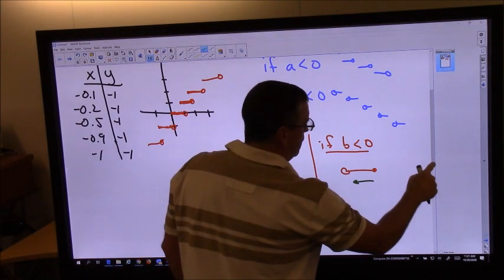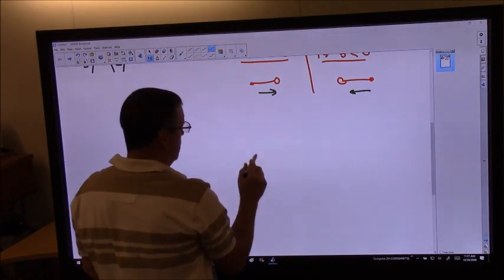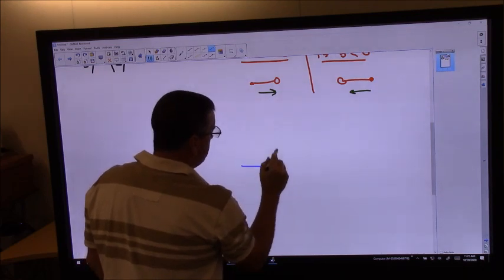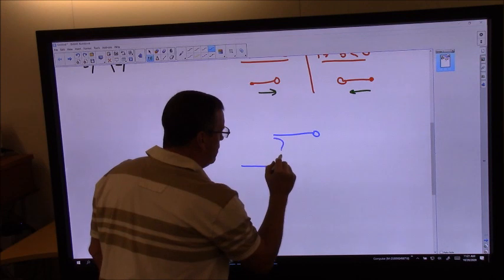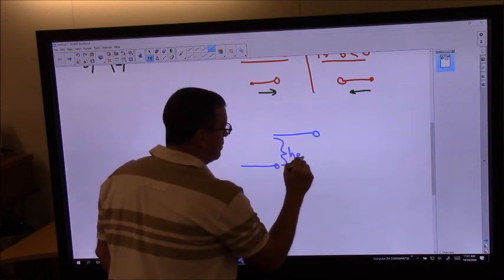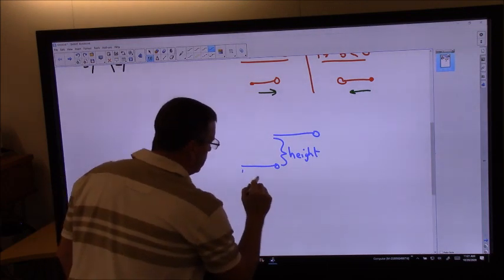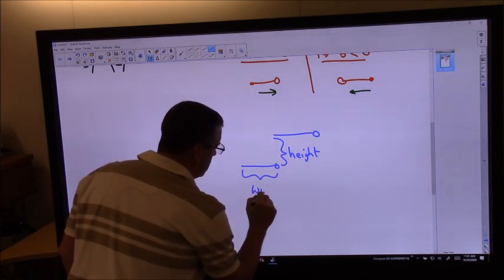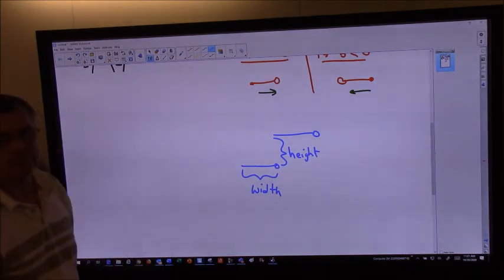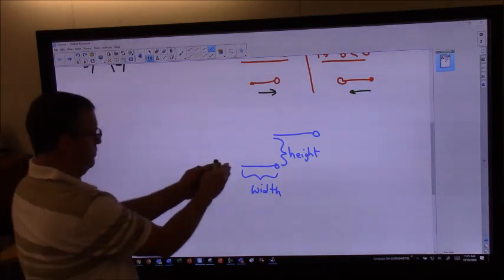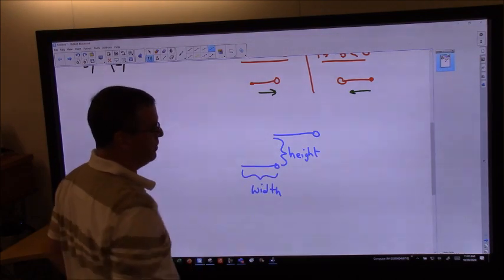All right, and then the other piece of information that we need here is this. When you have a set of steps, there's a height to those steps, and there's also a width to those steps. How long is each step going to be, and how high do I have to step to get to the next one?